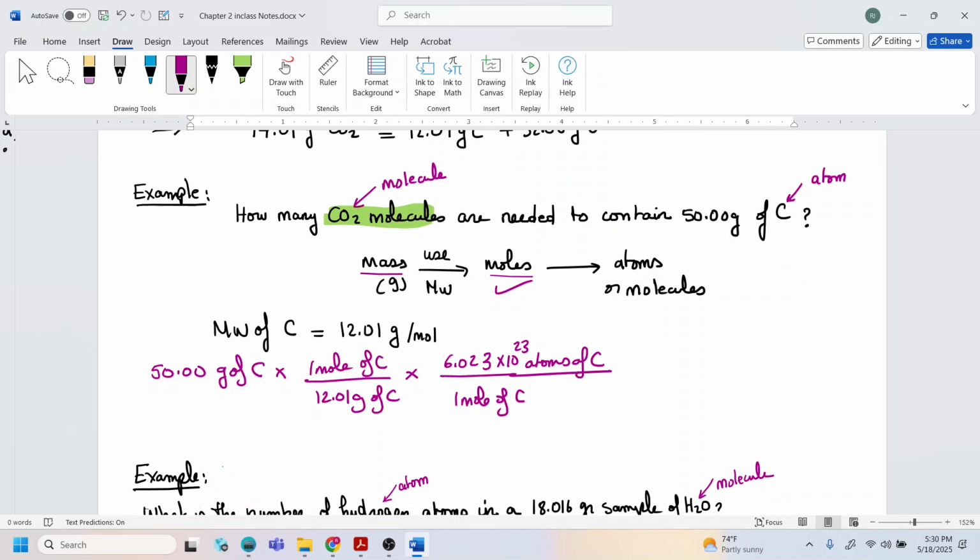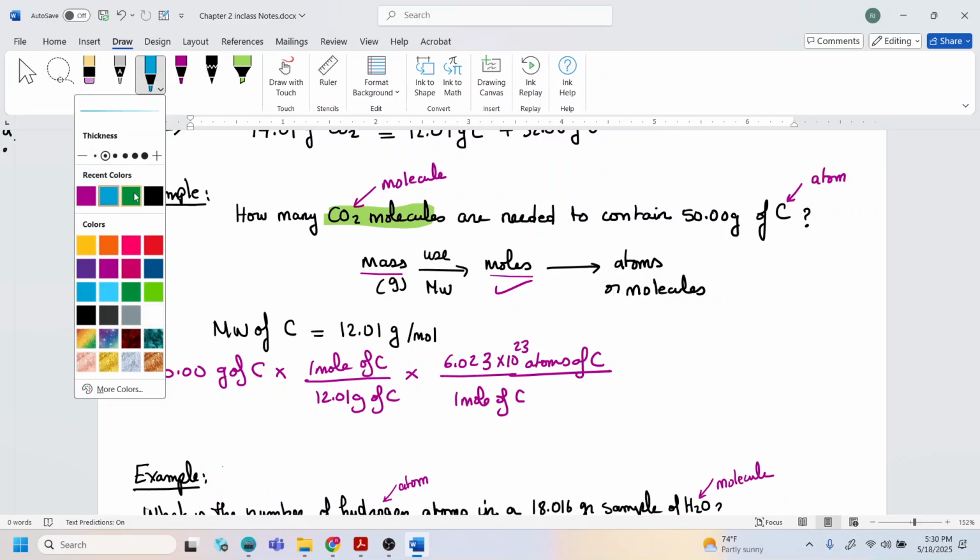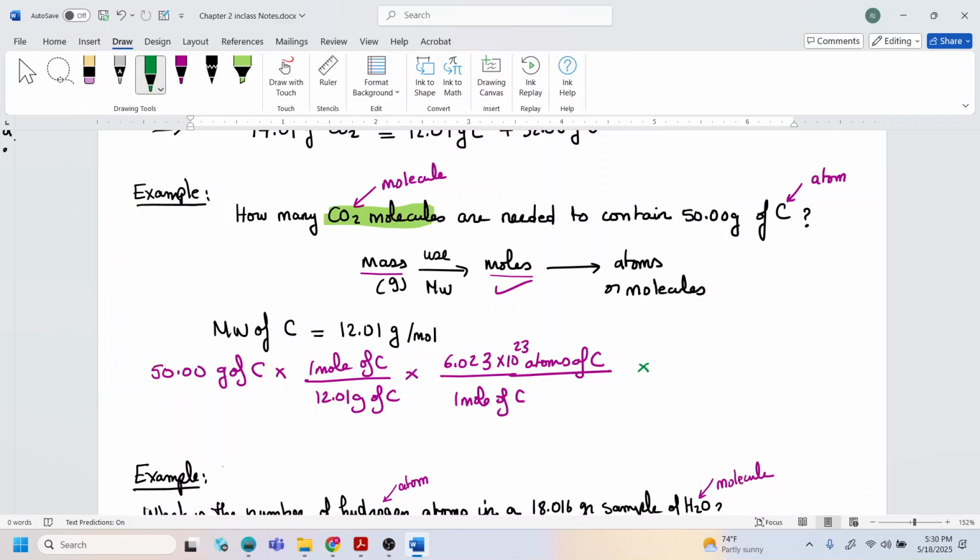So this is how I can calculate the number of molecules of carbon dioxide. So for every 1 molecule of carbon dioxide, I have 1 atom of carbon. If I wanted, so here you go. So how many carbon dioxide molecules in there?